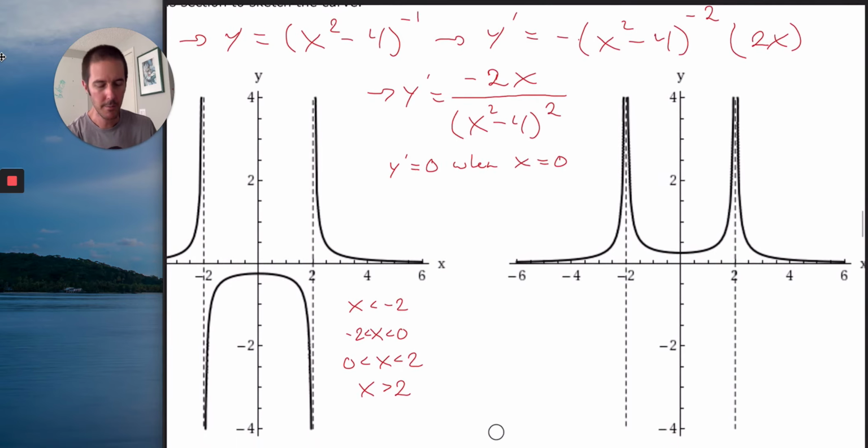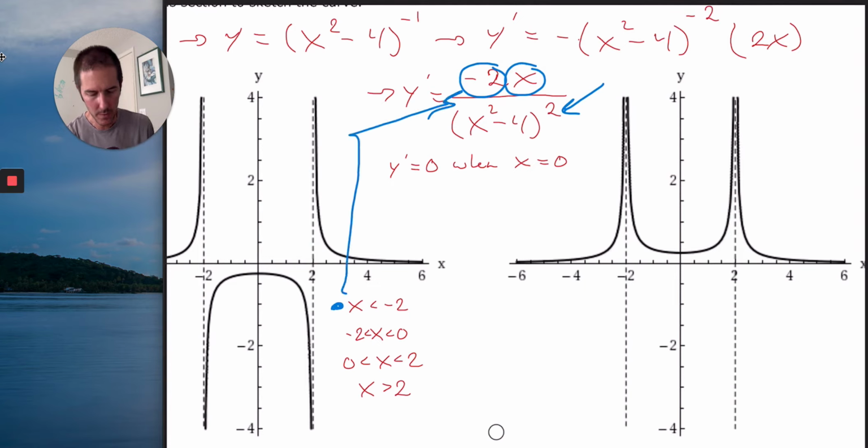Plugging a negative 3 into our first derivative equation, which is up here, notice that the denominator is always going to be positive because it's a quantity squared. In the numerator, we have a negative times our x value. So as we're testing values, if I'm going to test a value here at negative 3, an x value that's less than negative 2, I've got negative 3 times this negative 2.